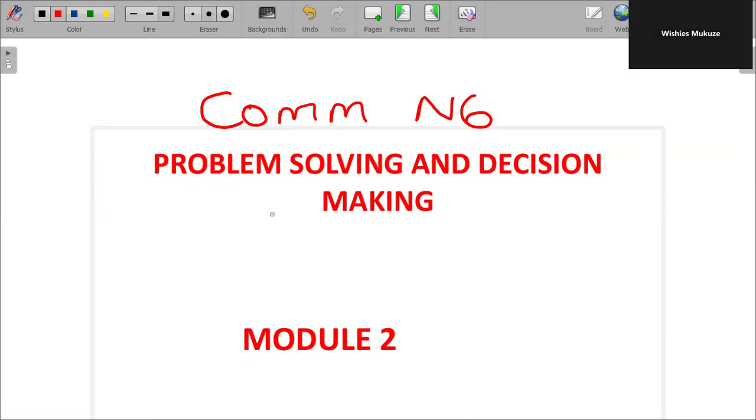Within an organization, you can find that problems are solved and decisions are made. Meetings, seminars and workshops are conducted in order to make decisions. Brainstorming sessions are conducted in order to solve problems. There are problems within an organization, and there are decisions that need to be made.